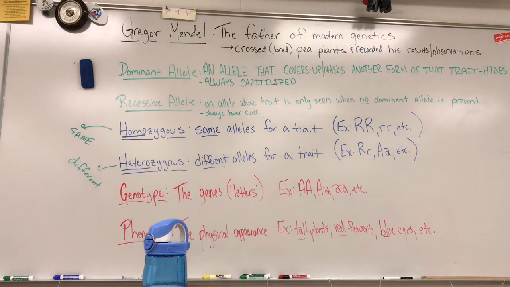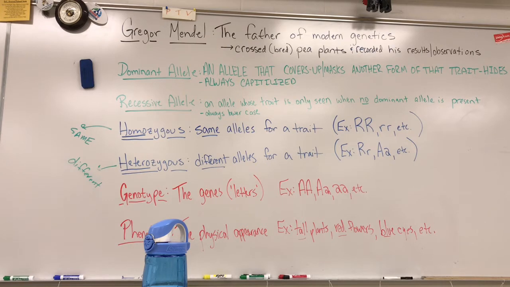So genotype is the genes, it's the letters, it's what we get when we do a Punnett square. Whereas when we talk about phenotypes, the phenotypes are the physical appearance, what we physically see, what physically is being observed or expressed. An example could be a tall plant, it could be red flowers, it could be blue eyes.